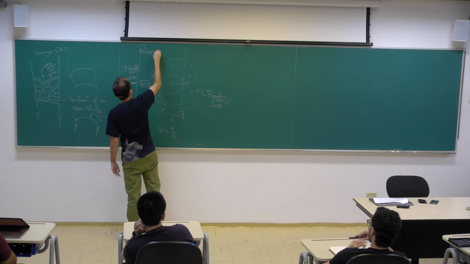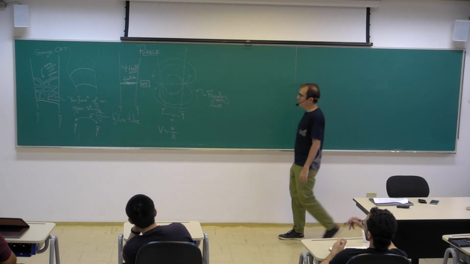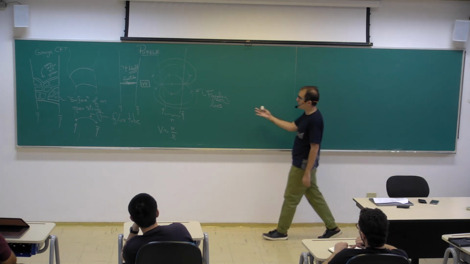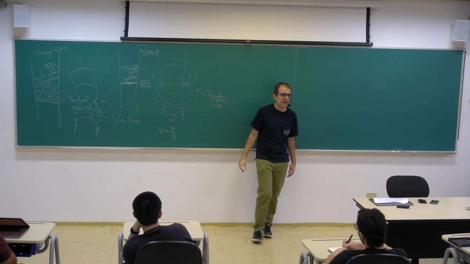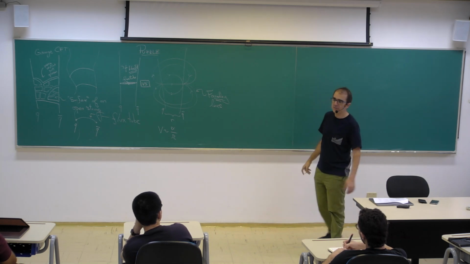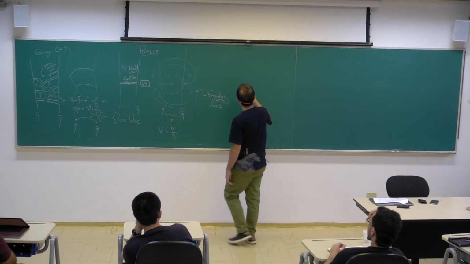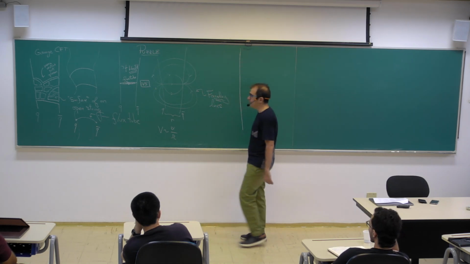At least I see it as a small puzzle of this tension between this picture of 't Hooft, that there should be a string, and this picture of Faraday that says there's no flux tube, it's rather totally delocalized. Okay? And we'll come to the answer of this puzzle at the very end of the lecture. Okay, so that's one thing I wanted to do before we start.